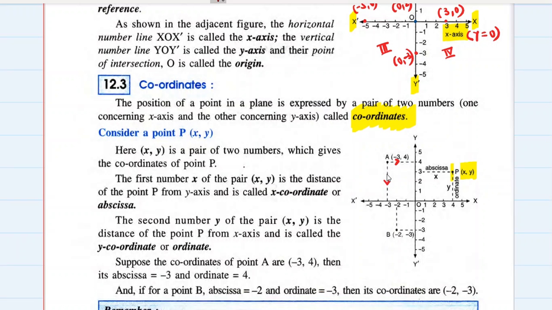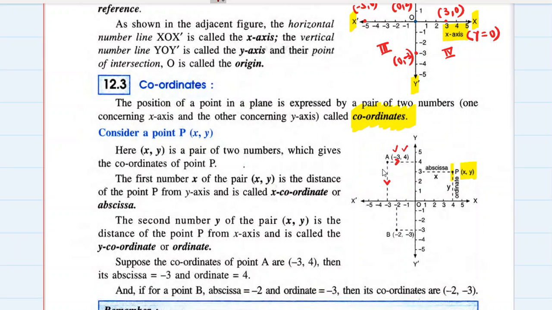Wherever the vertical line from the point touches the x axis is the x coordinate. It touches at -3, so the x coordinate is -3. And wherever the perpendicular line drawn from the point touches the y axis is the y coordinate. So the y coordinate is 4. So the coordinates of point A are (-3, 4).